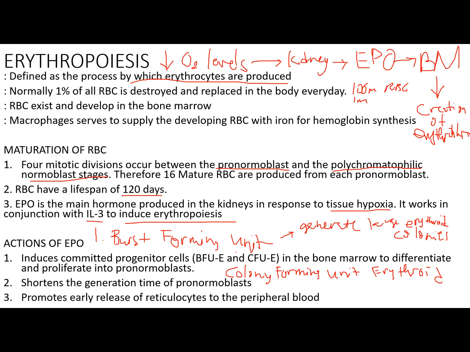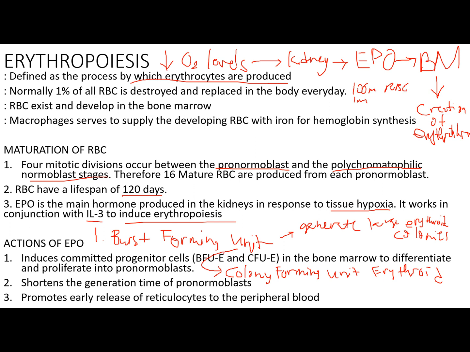After that, class, si burst forming unit nyo will become a colony forming unit erythroid. And from there, it would continue na to produce the different stages of your erythroblasts. So again, actions of EPO is that it would induce yung progenitor cell to form a burst-forming unit erythroid that would generate large erythroid colonies.